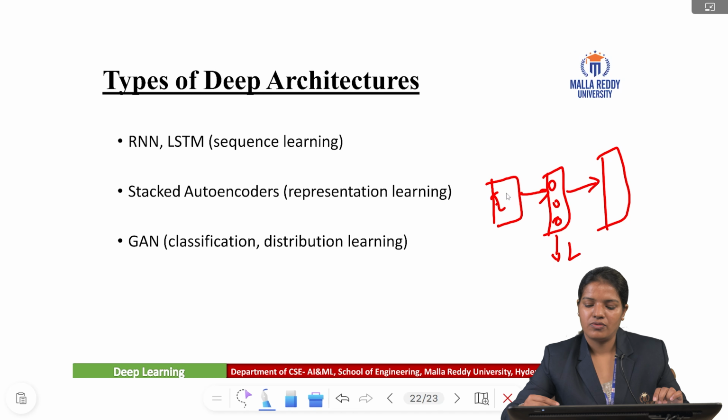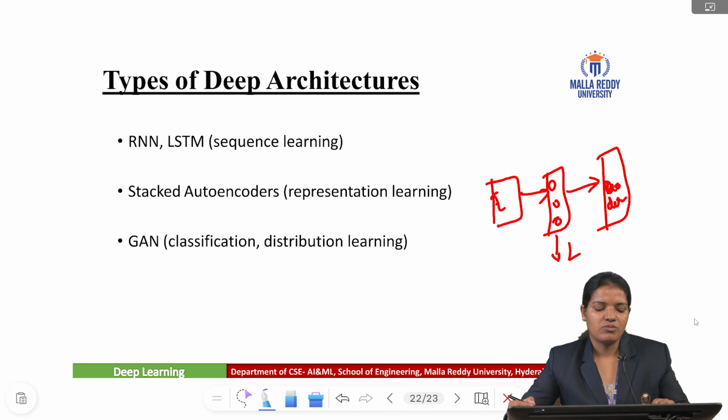From the encoder, the data is encoded into the latent space, which is low dimensional. Then from the latent space, the data is decoded by the decoder.